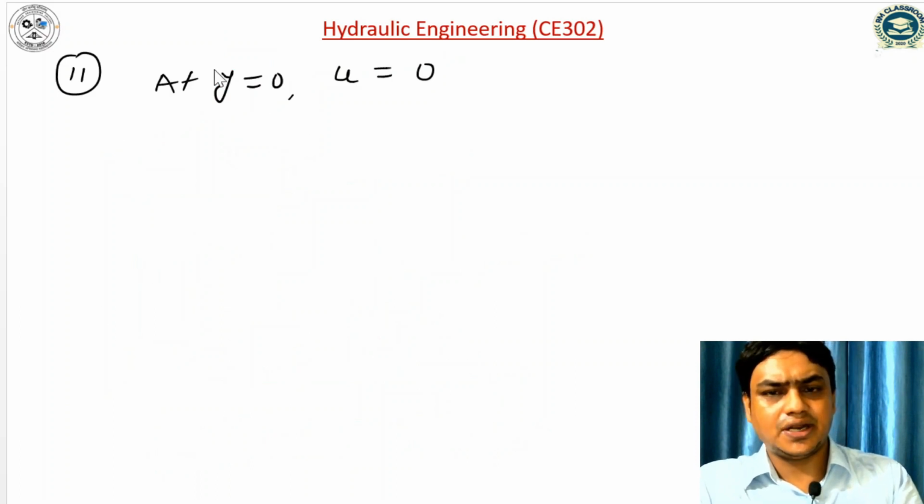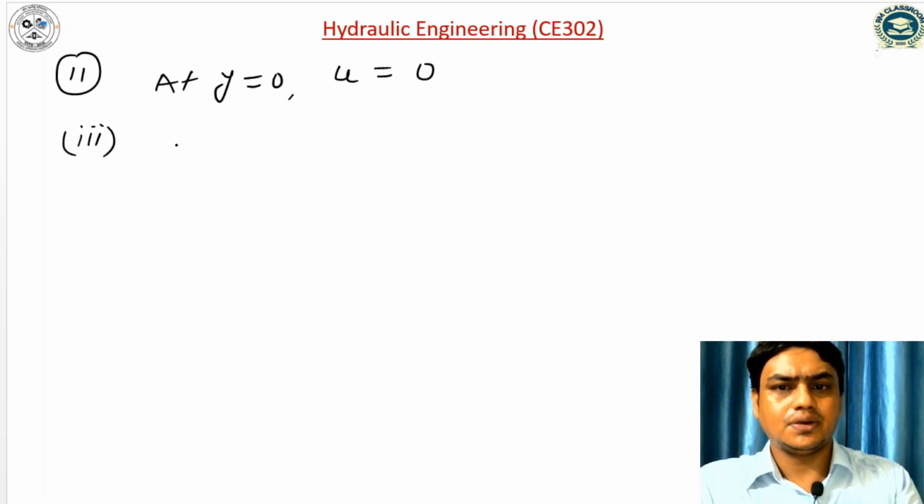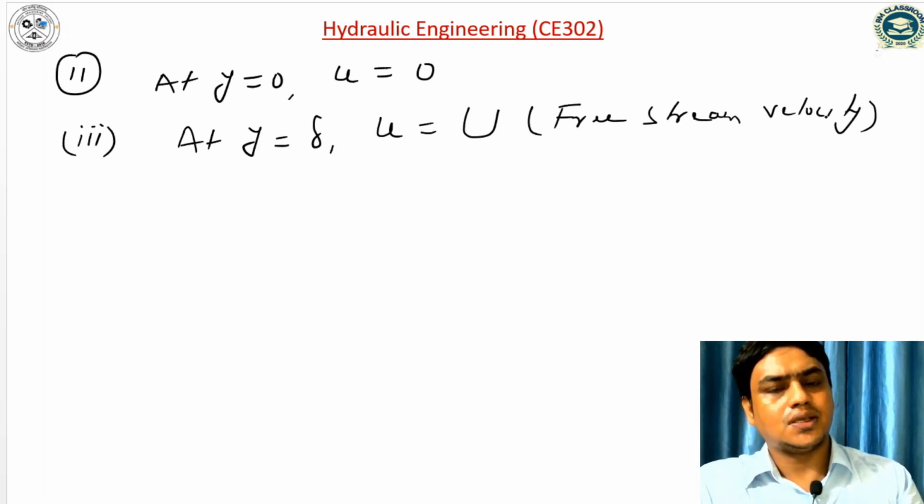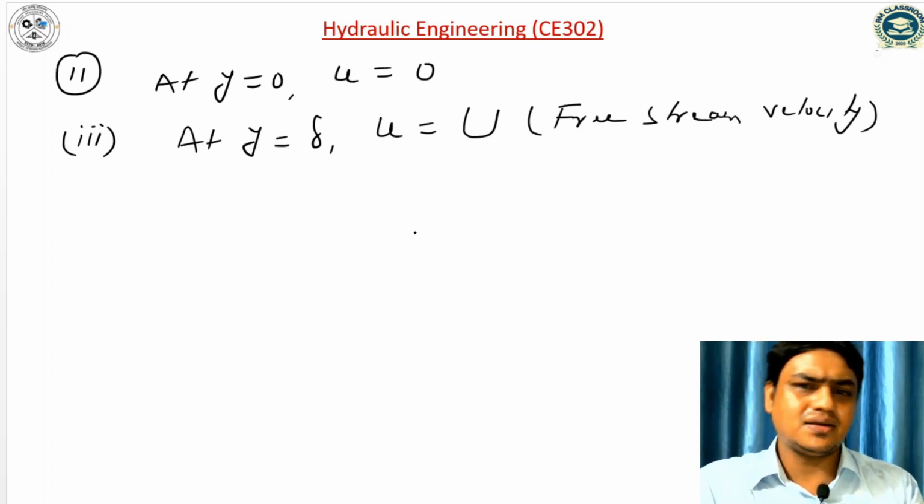Third condition, at y is equal to delta, our velocity is the free stream velocity. This is the definition of boundary layer thickness. At a distance of delta, u is approximately 99% of U.